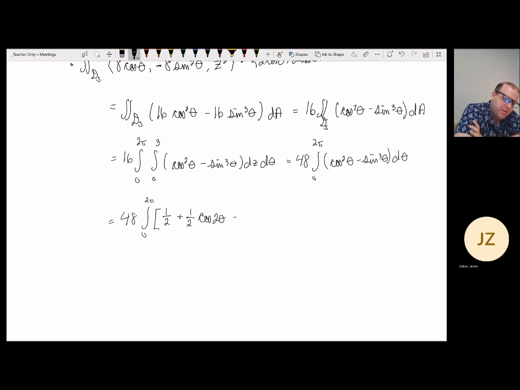Sine cubed can write as sine times sine squared, which is 1 minus cosine squared. So sine times 1 minus cosine squared. Oh, that's beautiful.